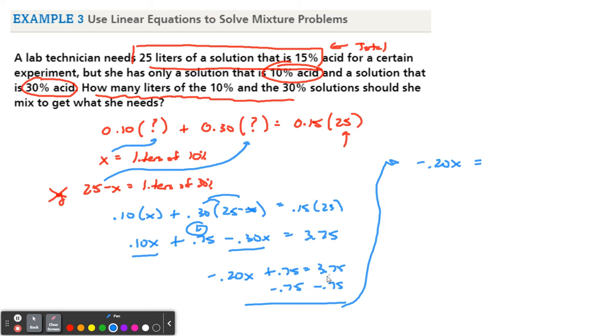And on the right-hand side, 3.75 minus 0.75 is 3. And now what we're going to do is divide both sides by this negative 0.20. When you divide 3 by negative 0.20, you get 15. So x equals negative 15.